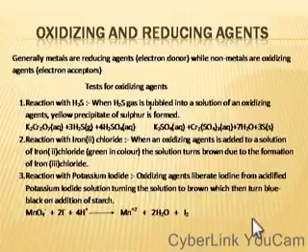That is what happens in that reaction. Now, in each of the cases there, the reducing agents normally give out electrons, while the oxidizing agents accept electrons.